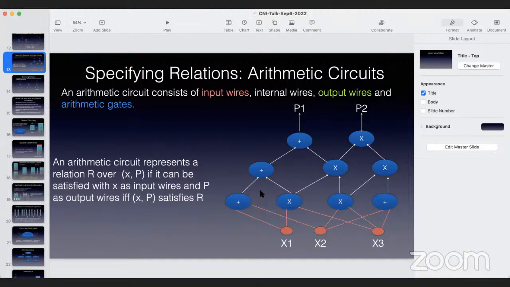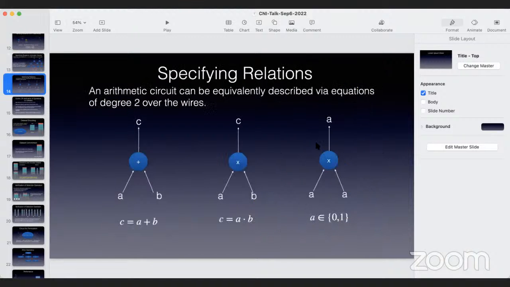That's because of Cook's theorem: for any polynomial time NP relation, there is a Turing machine, so you definitely have a binary circuit, and once you have a binary circuit, you also have an arithmetic circuit, because you can force everything to be bits, as we just discussed, by introducing this third gate. Then you can behave exactly like you are in a binary circuit. Okay. Yeah, in some sense.